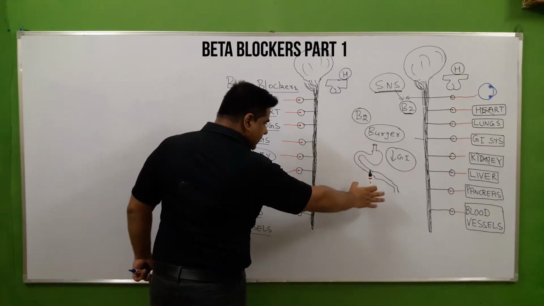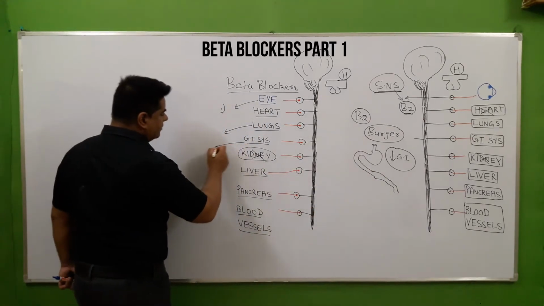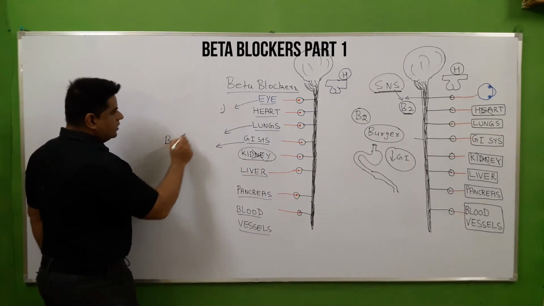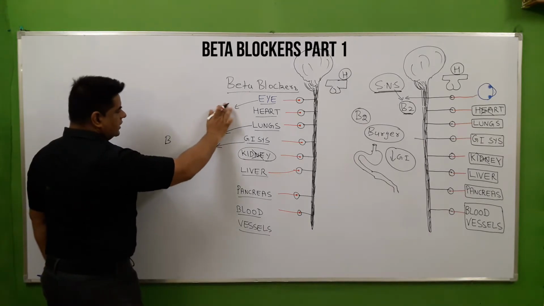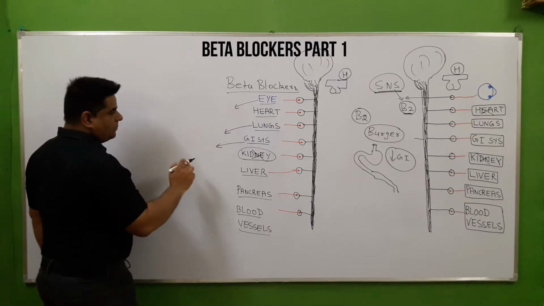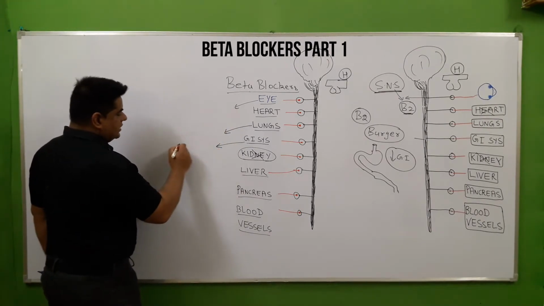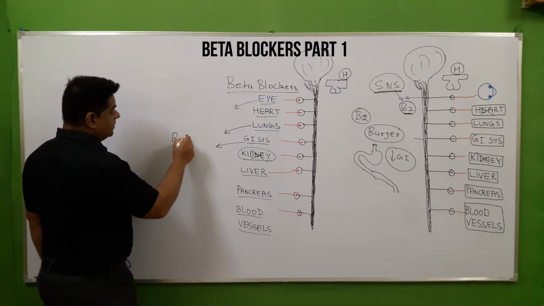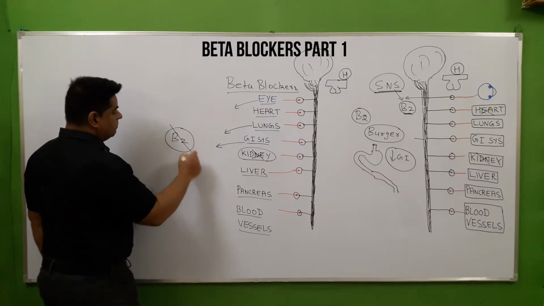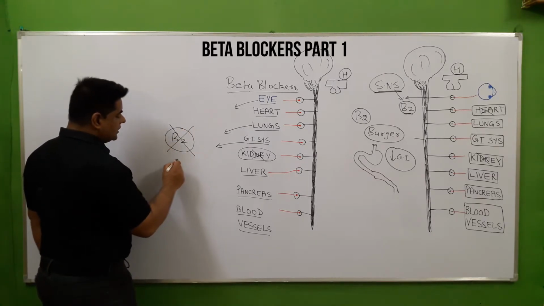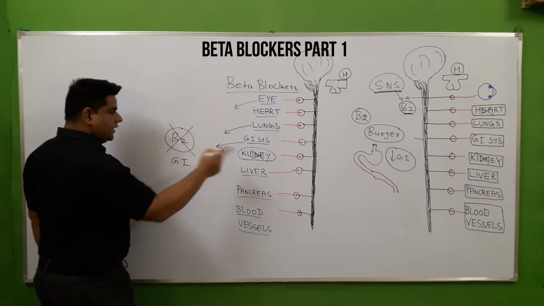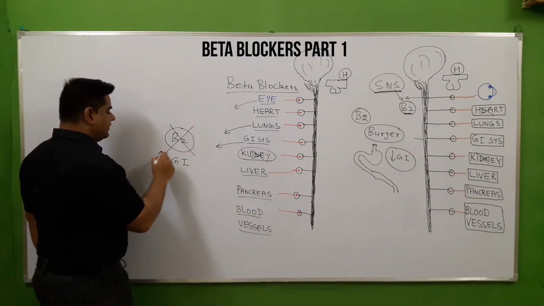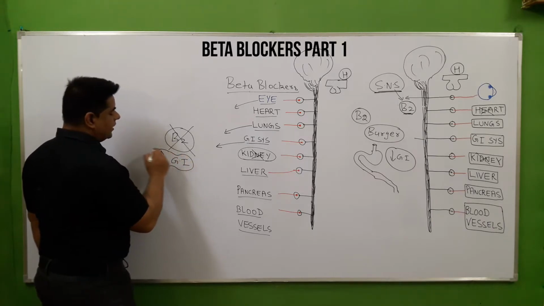If we administer a beta blocker, it will block the GI receptors. Beta 2 receptors will be blocked, and GI motility will be the opposite, it will increase. Yes, it will cause diarrhea.